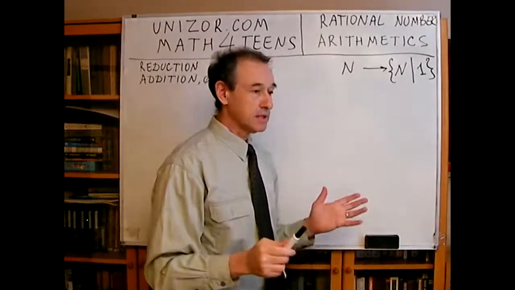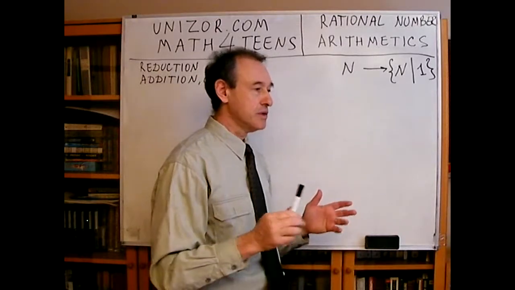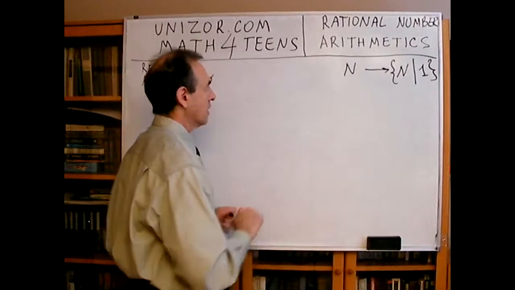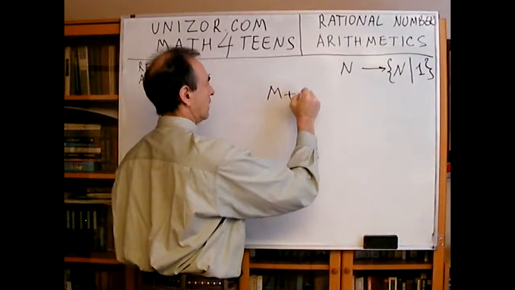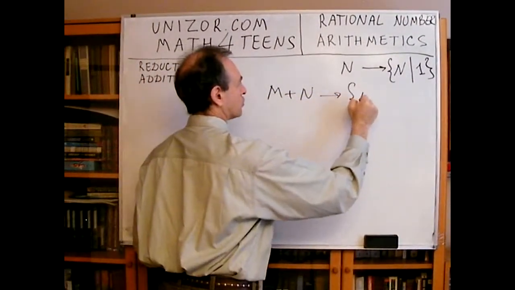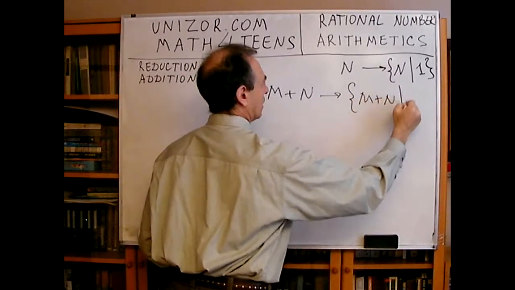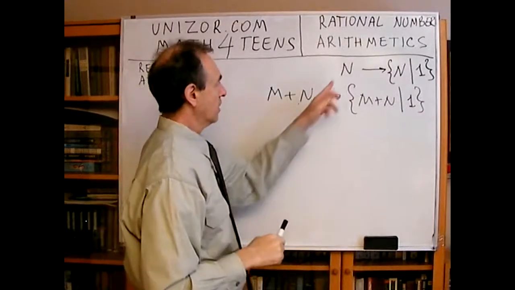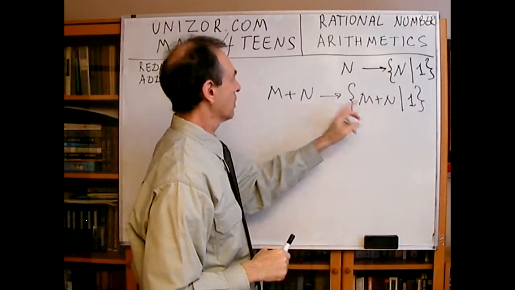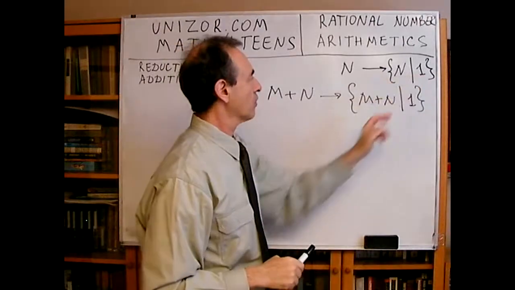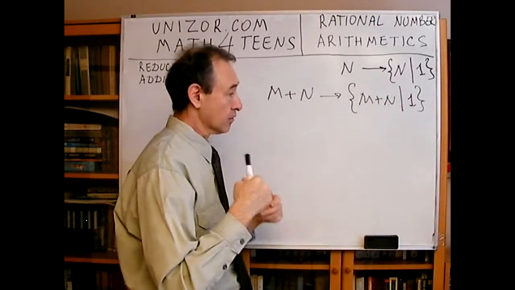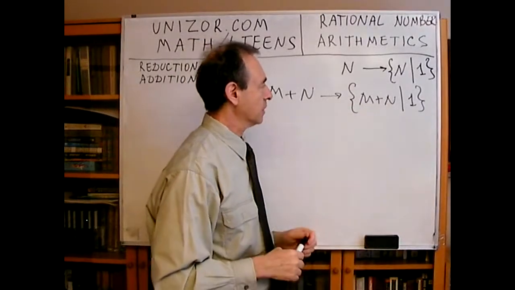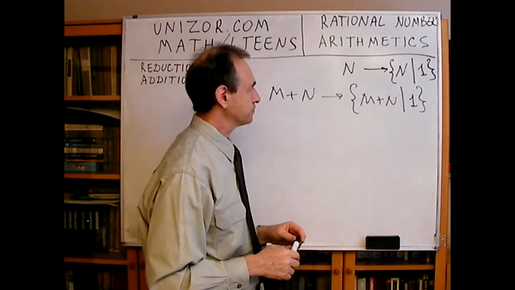Now, that means that if we want to build a nice theory which looks reasonable, then m plus n should map into m plus n over 1, right? So m maps to m over 1, n maps to n over 1, and the reasonable definition would be that the sum will map into this particular rational number.